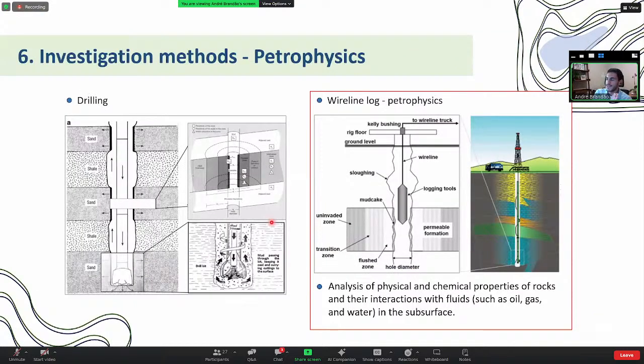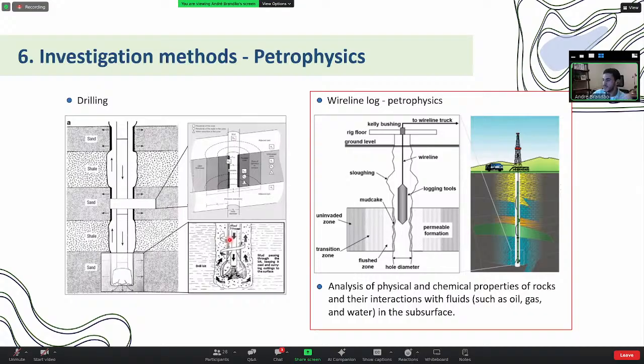So before we had the seismic and we chose to drill a well, okay? This is an example of a drilling well, and the drilling fluid is coming off the drill bit and going to the surface. This is the interaction of the drilling fluid with the reservoir rocks.